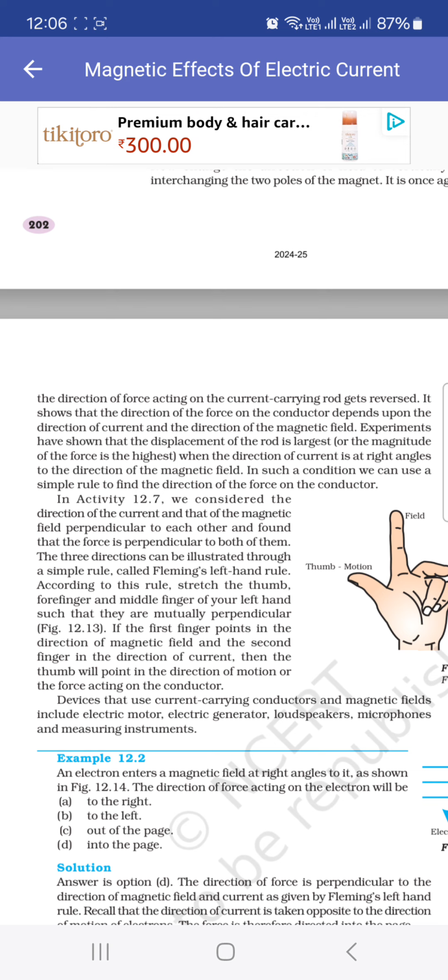It shows that the direction of the force on the conductor depends upon the direction of current and the direction of the magnetic field.